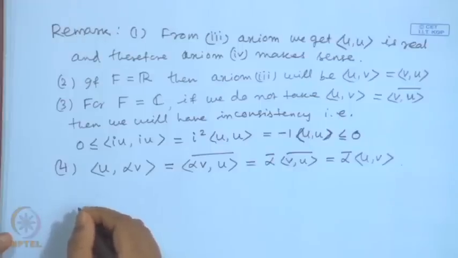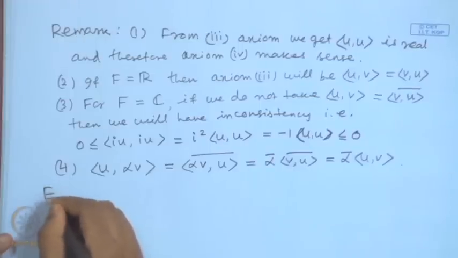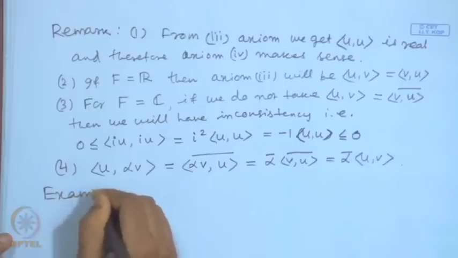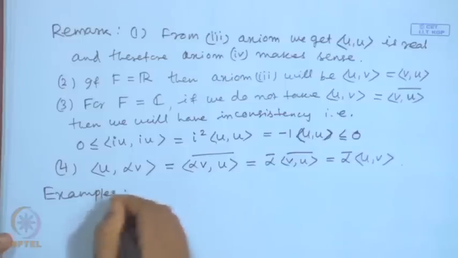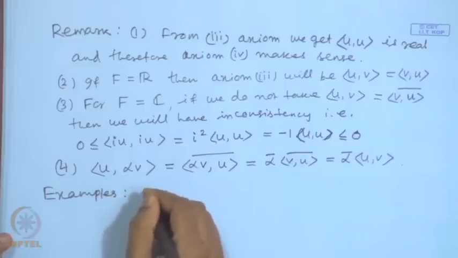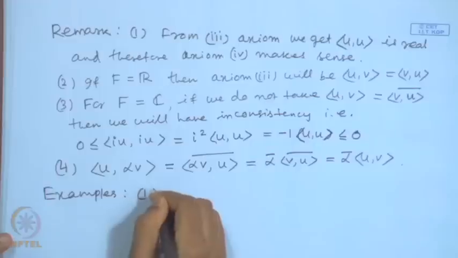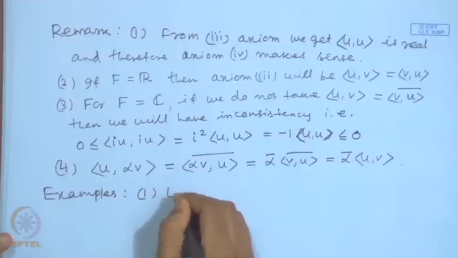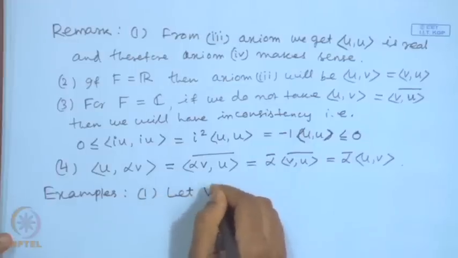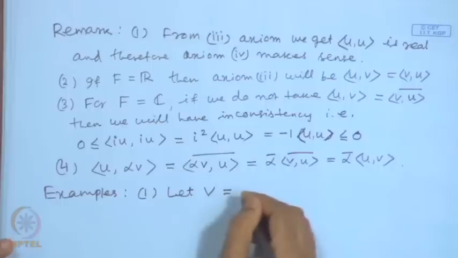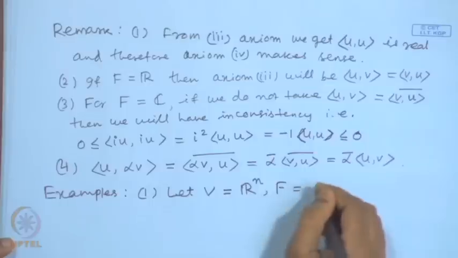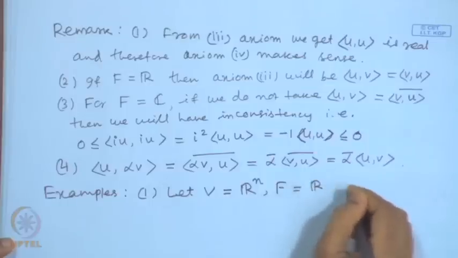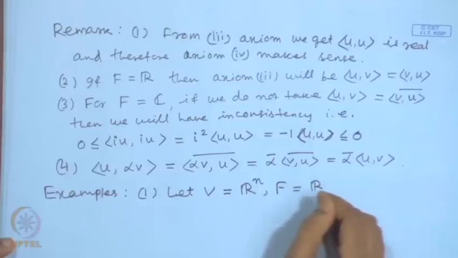So, let us see some examples of inner product spaces. The first one is a very natural one. Let V be the vector space R n, and F be the field of all real numbers.